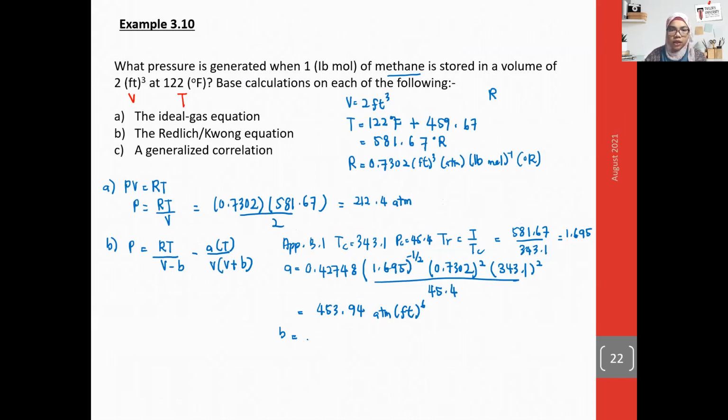So B here is 0.08664, we have R here 0.7302, and then the TC 343.1, and then PC. So we can get B here as 0.4781 feet cubed.